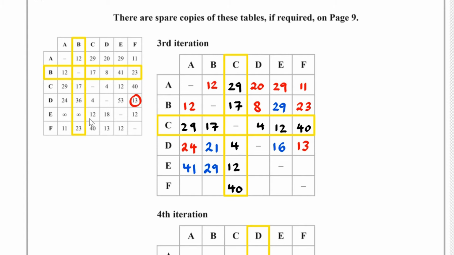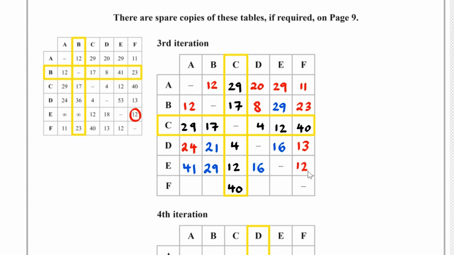Then we compare the 12 plus 4, which is 16, with the 18 over here. So the 16 goes here. And then we compare the 12 plus 40 with the 12 over here.